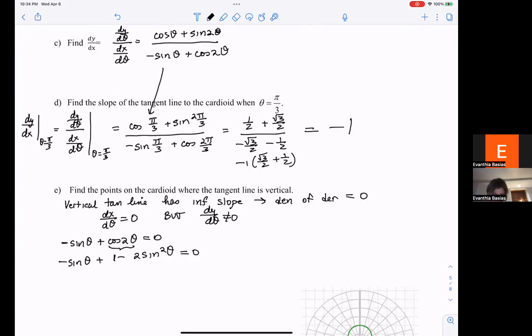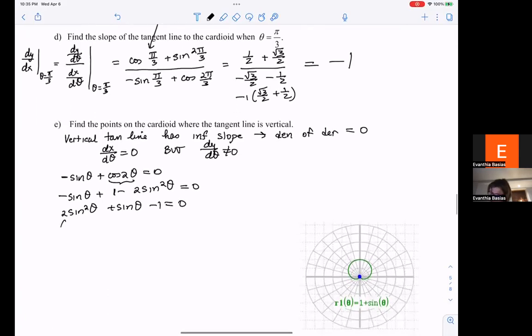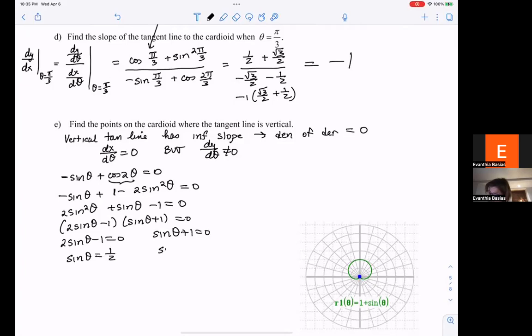And if we divide everything by -1, we get 2 sine squared theta plus sine theta minus 1 equals 0. This is factorable to 2 sine theta minus 1 times sine theta plus 1 equals 0. We set each factor to 0. We really should show that step. And we get sine theta is 1/2, or sine theta is -1.